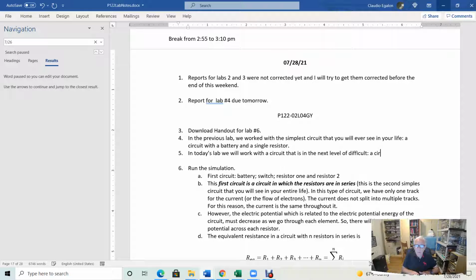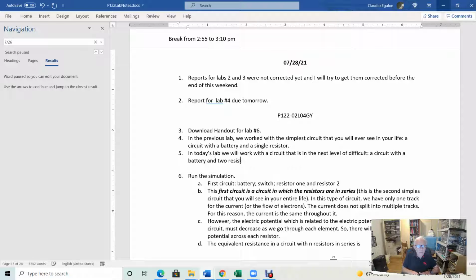A circuit with a battery and 2 resistors, 2 resistors in series.